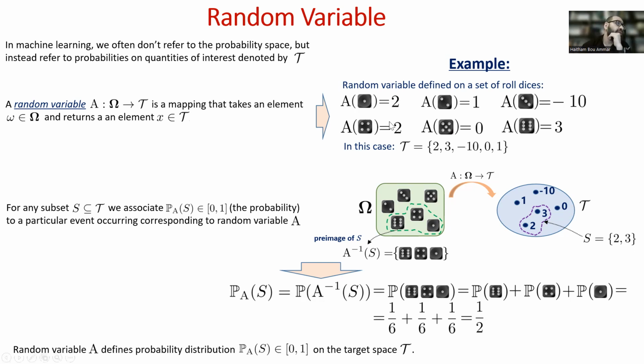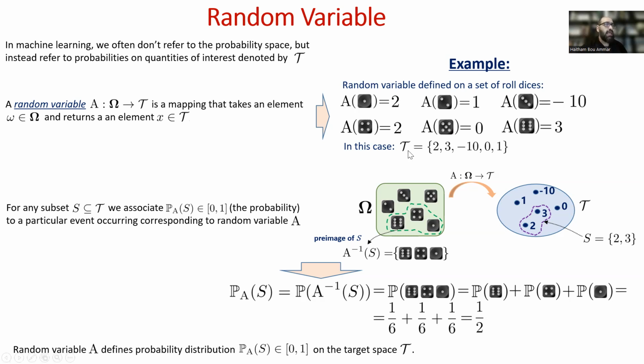So we introduced this set T, which defines our quantities of interest. And then we defined a random variable, and that random variable was the map from elements in omega to elements in T. Okay, and then we gave an example here.